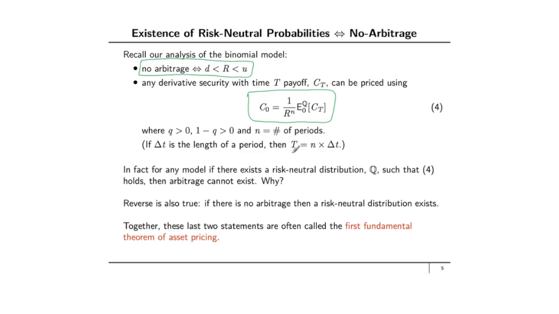To relate N and T: if delta T is the length of a period, then capital T equals N times delta T. That's the link between T here and N over here.